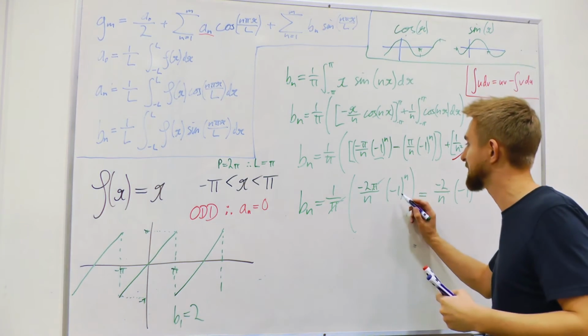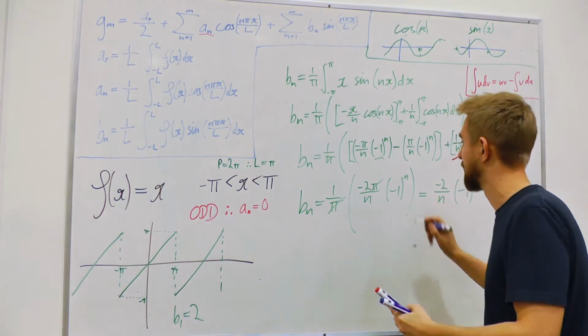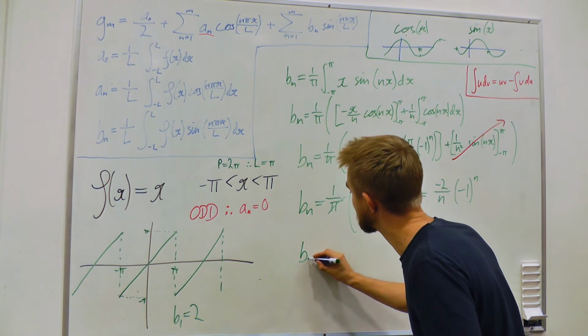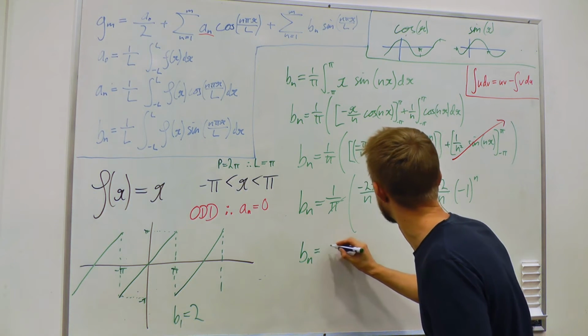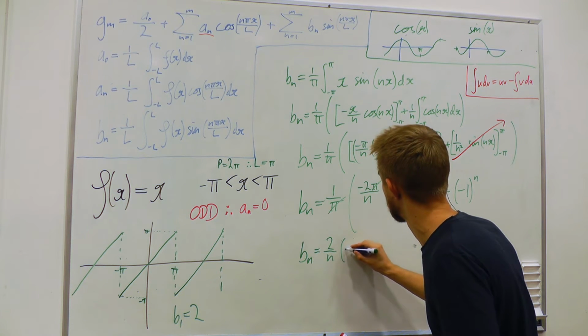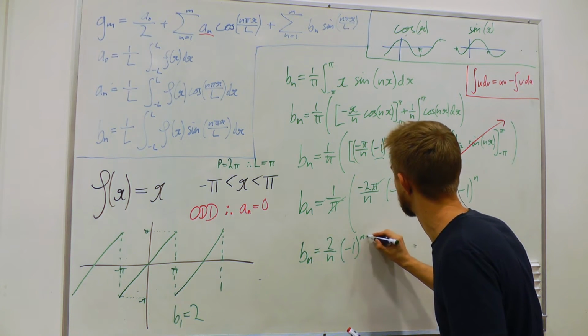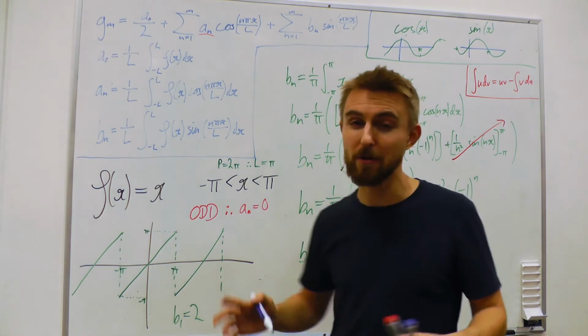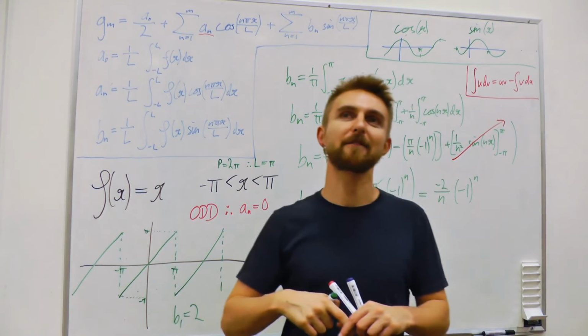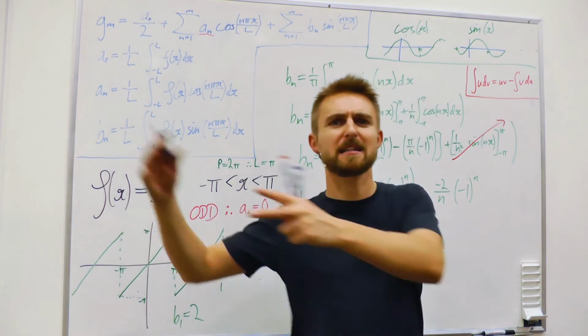So that's timesing it by n plus 1 of minus 1. So we can write a slightly neater form and say, well, bn equals 2 over n, minus 1 to the power of n plus 1. If you don't understand what's going on here, think about having an x times x to the power of 3.